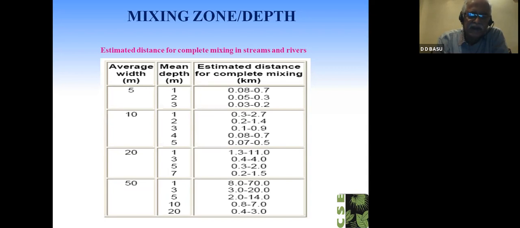In the case of 10 average width, if the mean depth is like this many meters, then you will find these things. If the depth is low, your mixing time is short, and it is only 0.7 to 0.5. You have to calculate and find out the mixing zone and depth. Next.